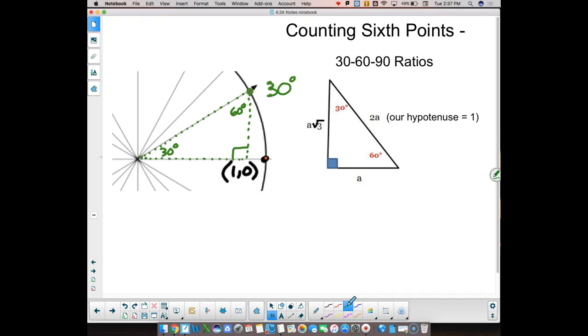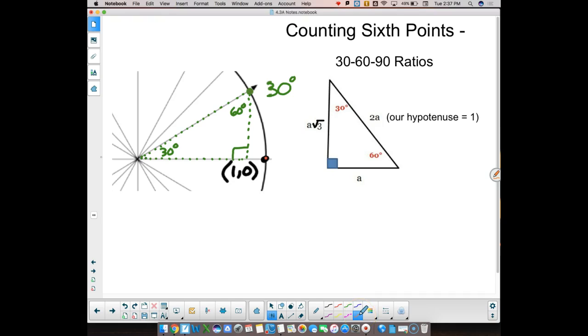Now, you watched it when we looked at the short leg of our 30, 60, 90 triangle. Twice the short leg is going to get me the hypotenuse of that triangle. And the short leg times the square root of 3 is going to get me the other leg of that triangle.